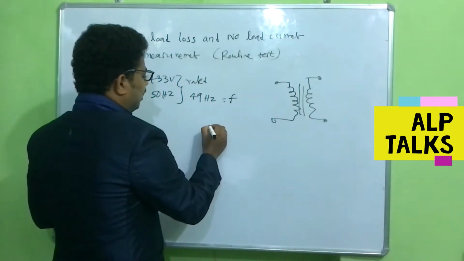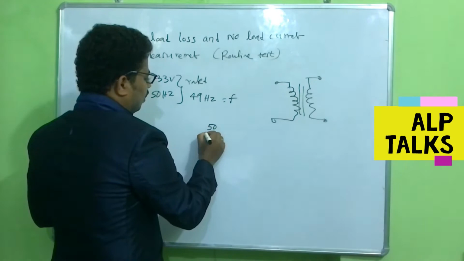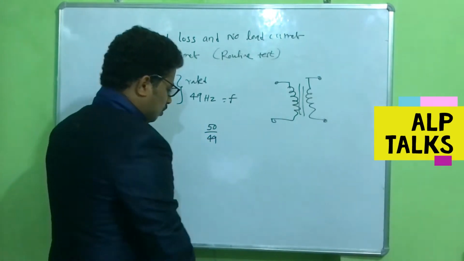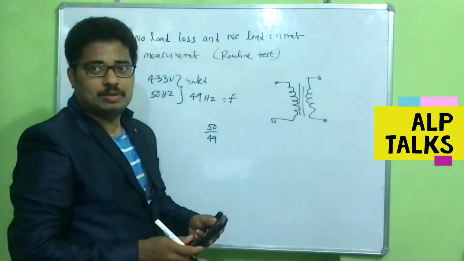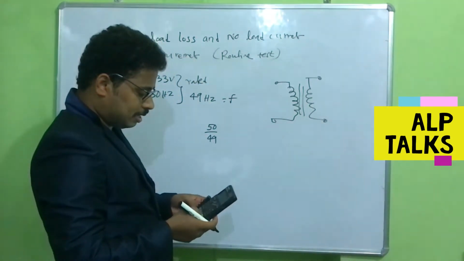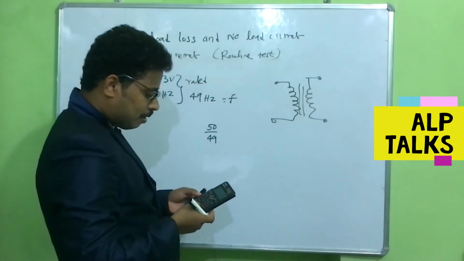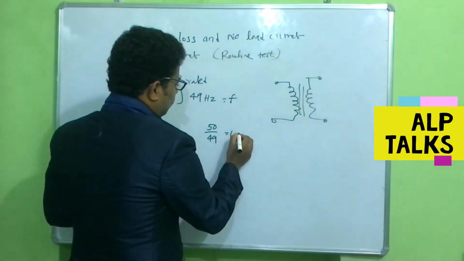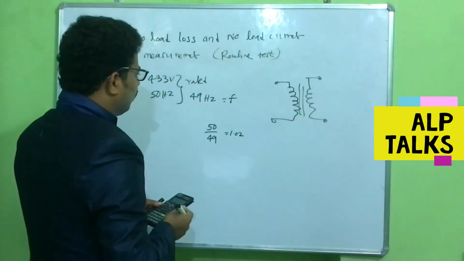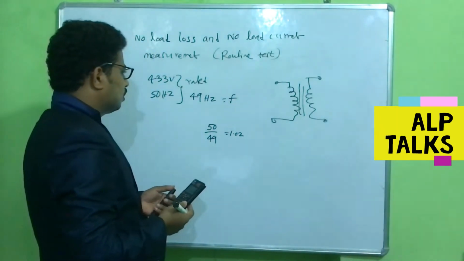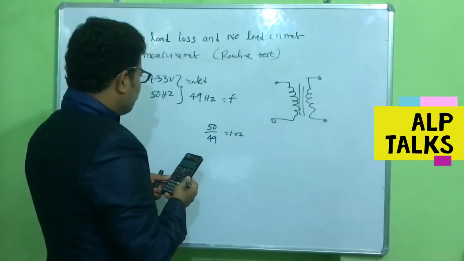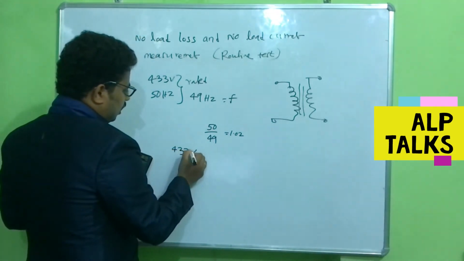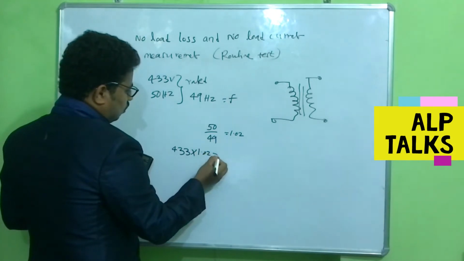Let's see here. We take the ratio 50 by 49. We should get 50 hertz, but currently we have 49, so we get 1.02. So whatever the 433 volts is, we take 433 into 1.02.